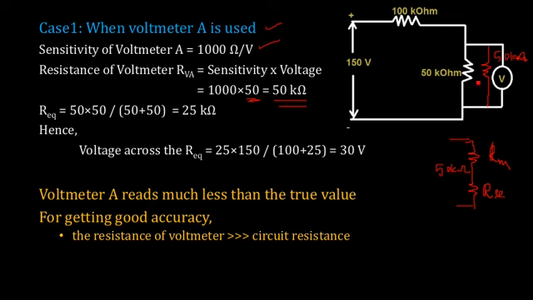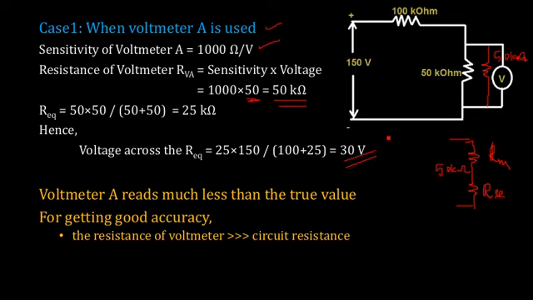And now the voltage across R equivalent will be 25 into the total voltage 150 being applied across it divided by 100 plus 25, which is 30 volt.